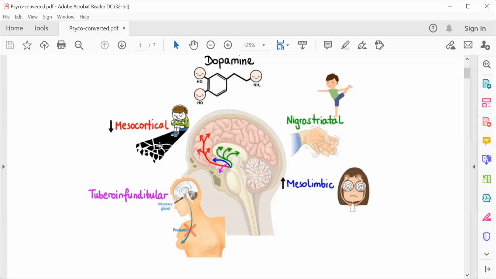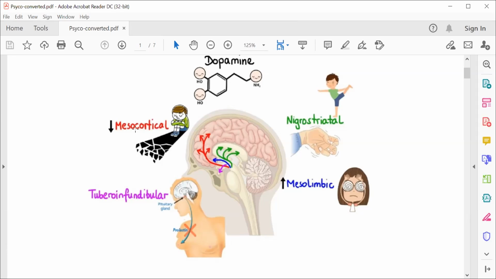Dr. Ayman, just to clarify. So when dopamine increases in the mesolimbic, it increases positive symptoms. While in the mesocortical, when dopamine decreases... Yes. In order to unify, what happens if dopamine increases in the mesocortical?